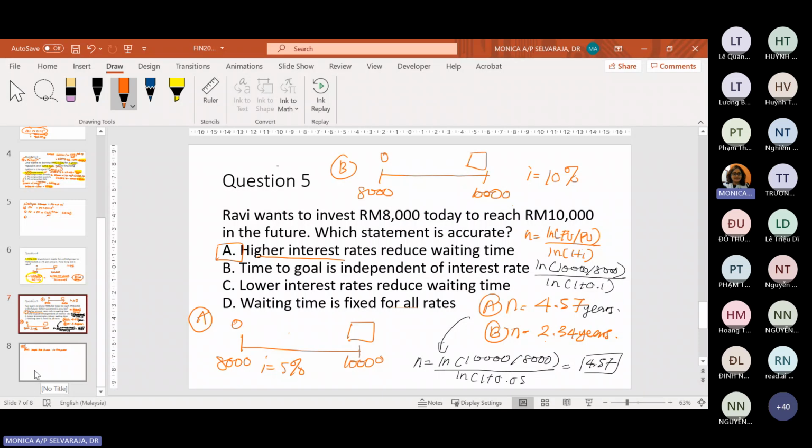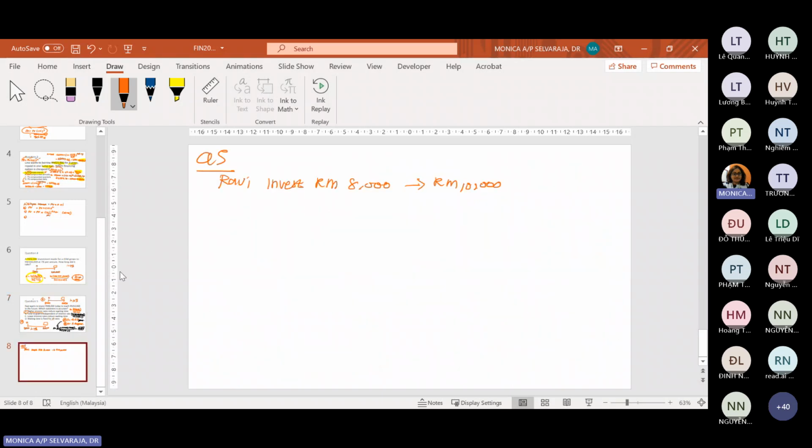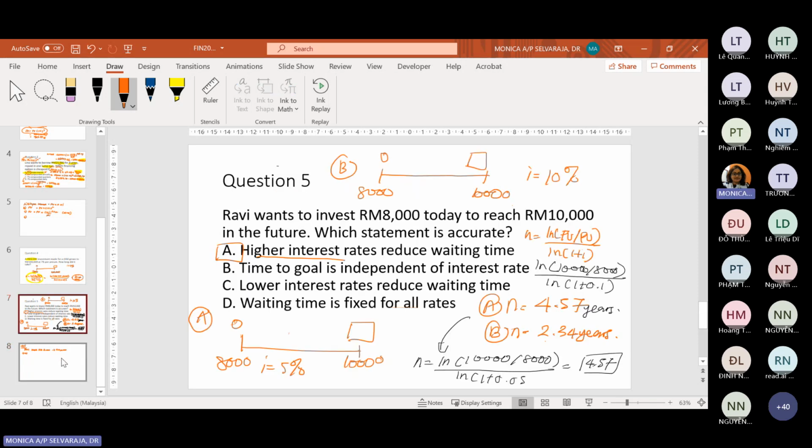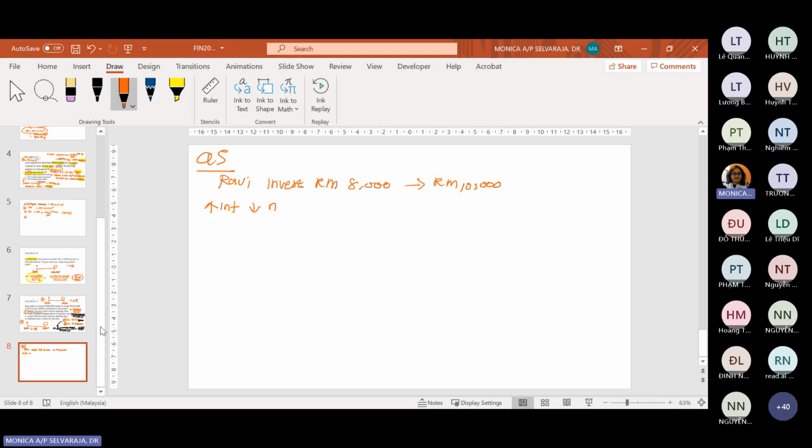So which statement is correct? They're saying higher interest rate will reduce the number of years. Okay, so the answer is A. Higher interest rate will reduce the number of years.